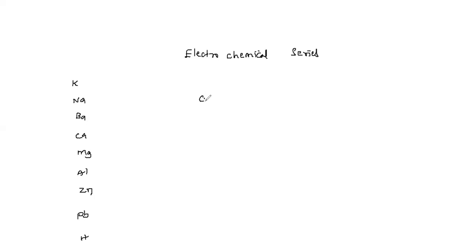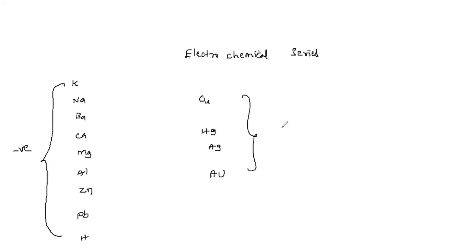Then after hydrogen: copper, mercury, silver, gold. Up to hydrogen, the potential values are negative. After that, they are positive values. All negative values always act as anodes, and positive values act as cathodes. The hydrogen electrode potential is always 0 volts.